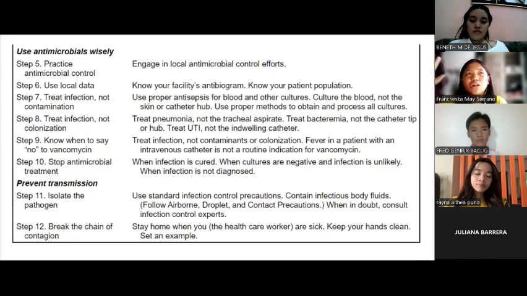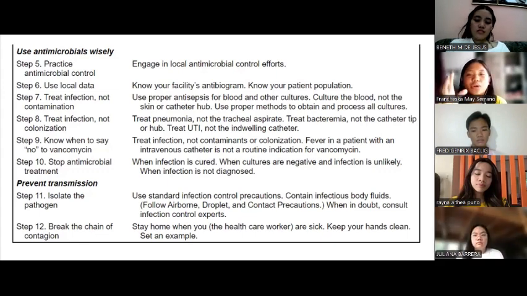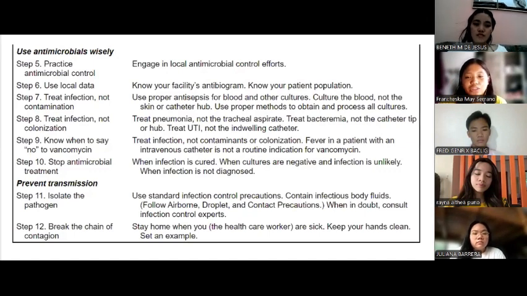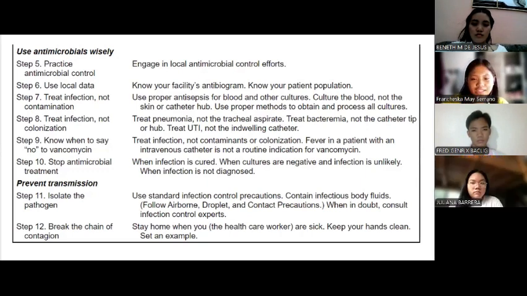We should know all the interventions, all the steps before magsettle sa pinaka-last, which is vancomycin. And there should be fewer patients na kailangang mag-vancomycin kasi we all know that there is a problem with antimicrobial resistance worldwide.